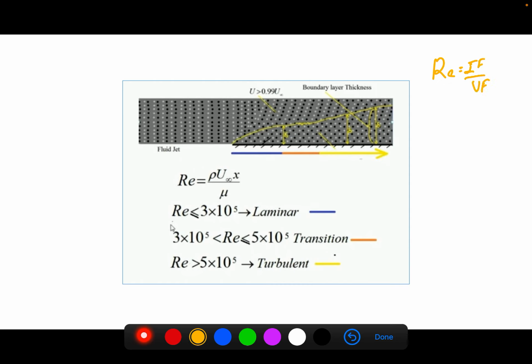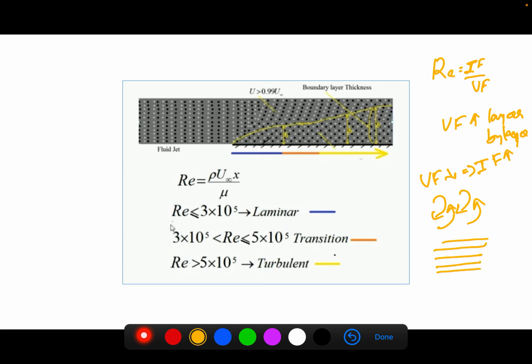Inertial force dominating means it will become very turbulent, and viscous force dominating means we can see layer-by-layer laminar formation. If viscous force is reducing, that implies inertial force is too high, which implies a lot of mixing. The layers will recirculate, otherwise they form one over the other.